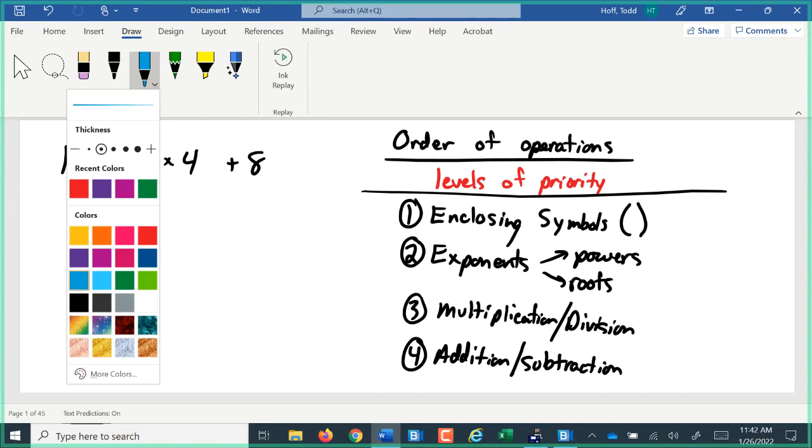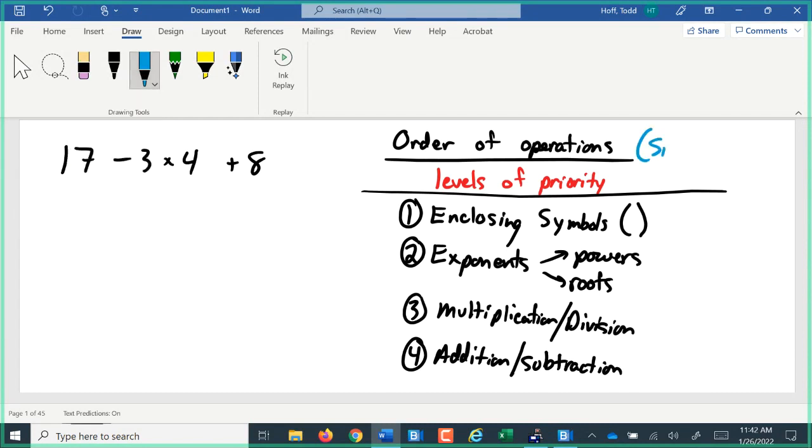Now I should mention something called the simple order of operations. Because what's listed here is by no means all of our operations. We've mentioned this in the past. We have other pairs of operations like exponentials and logarithms, trig functions and their inverses.